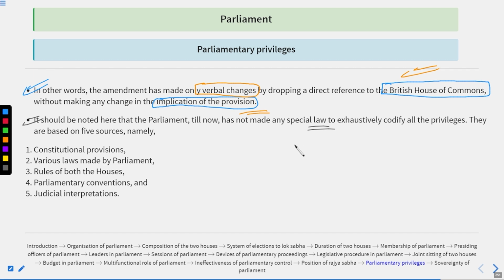So that's why they are based on five sources mainly: constitutional privileges, various laws made by the Parliament over a period of time, rules of both the Houses, parliamentary conventions and judicial interpretations. So these are the five sources. Remember them.